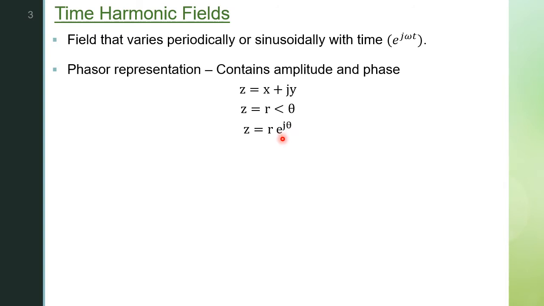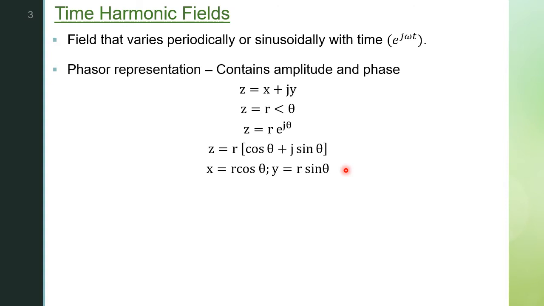Now e raised to j theta can be expanded as cos theta plus j sin theta. When you compare this equation with x plus jy, we get x equal to r cos theta and y equal to r sin theta.